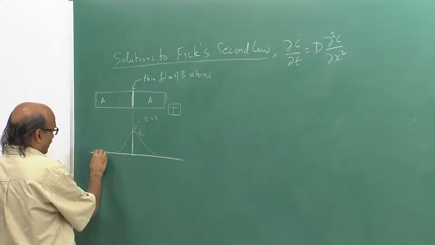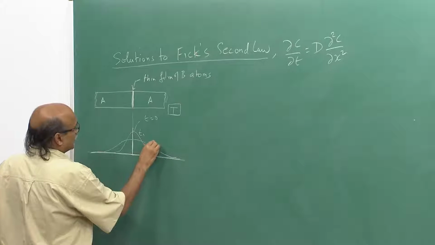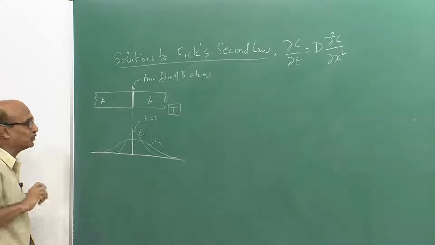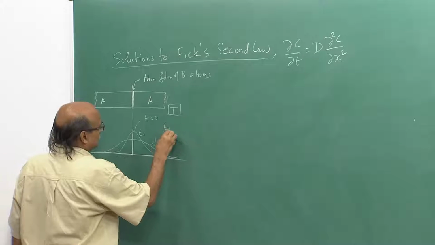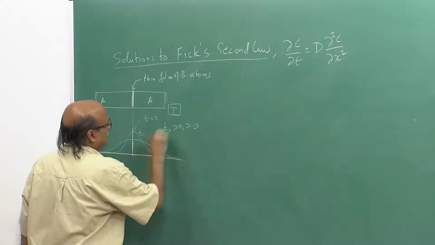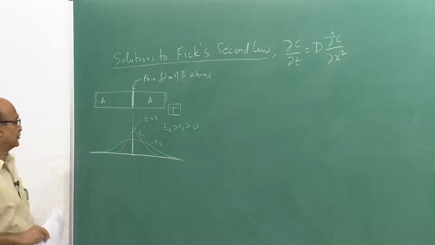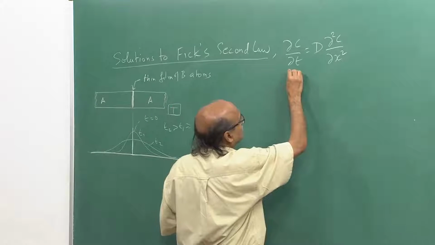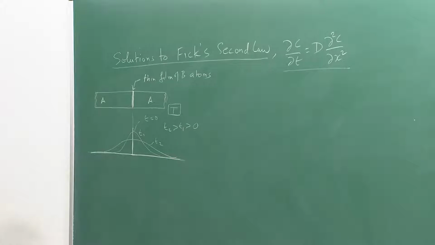Even after some more larger time, this profile would become broader as B atoms spread on both sides of the thin film. So, here it is t2 greater than t1 greater than 0. So, as time passes, B atoms are diffusing. To this kind of a problem, we can apply Fick's second law and solve the differential equation.